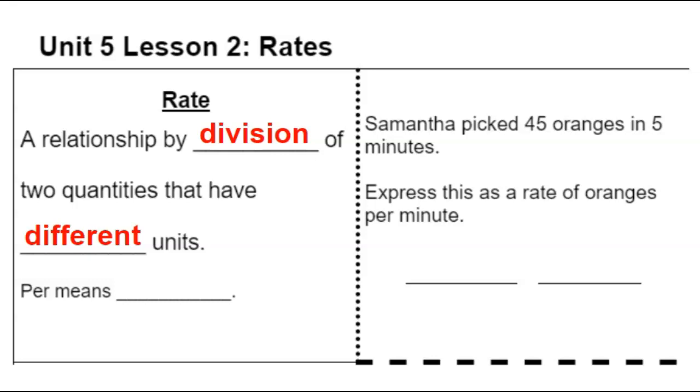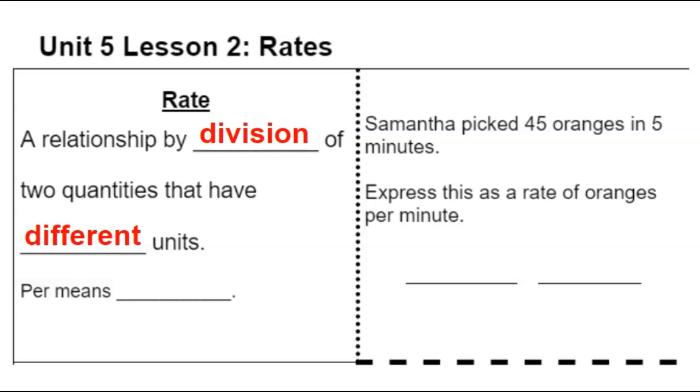That is a rate. Whereas with ratios, they had the same unit, so we were either comparing beads, but we had two different colors, or we were comparing ingredients, but we had different types of chips, or we were comparing cups of a drink, but we had two different flavors.